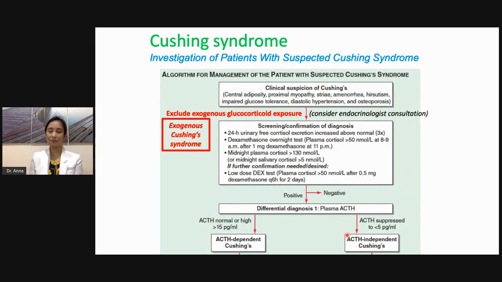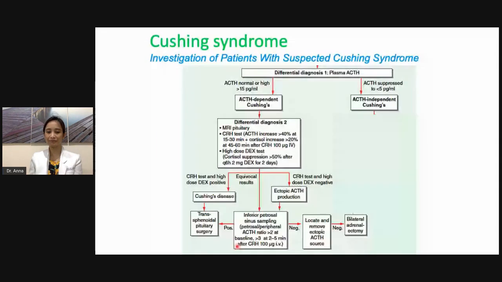But if your patient, despite having elevated glucocorticoids, has an ACTH that is still normal, called inappropriately normal, or even high, more than 15 picograms per milliliter, then you can say this patient most likely has an ACTH dependent Cushing's.